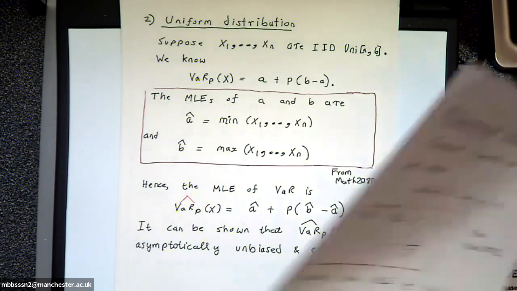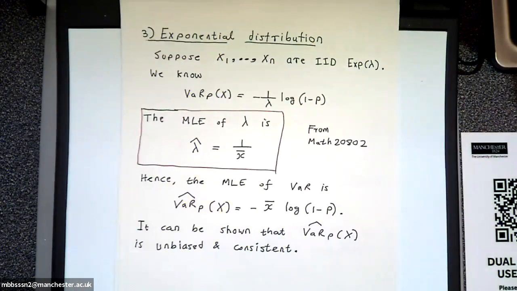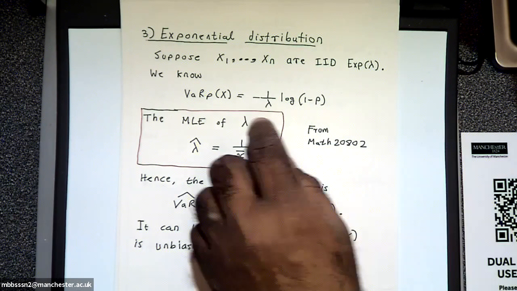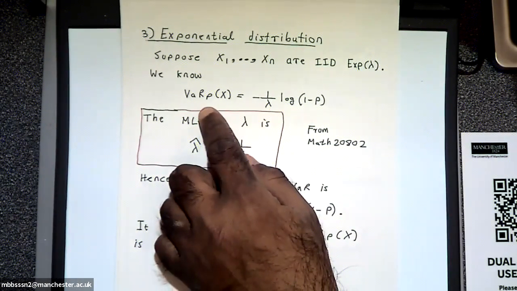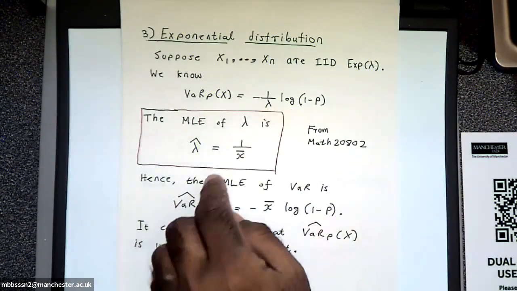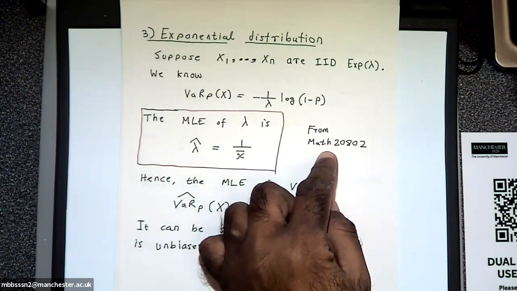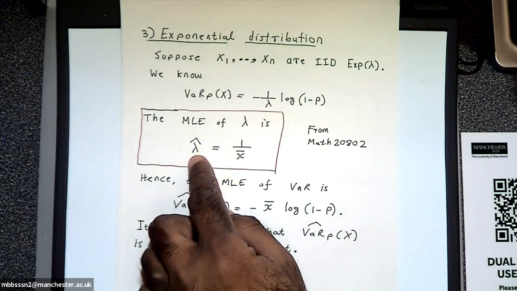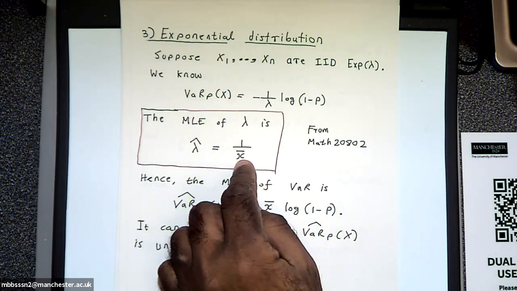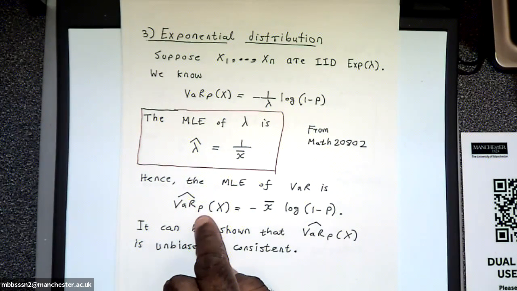Right. Now the third parametric estimation method assumes that the losses are exponentially distributed with parameter lambda. In this case, we showed last week that the formula for VaR is given by this. And you should know from stat methods that the MLE for lambda hat is this. And hence the MLE for VaR is this.